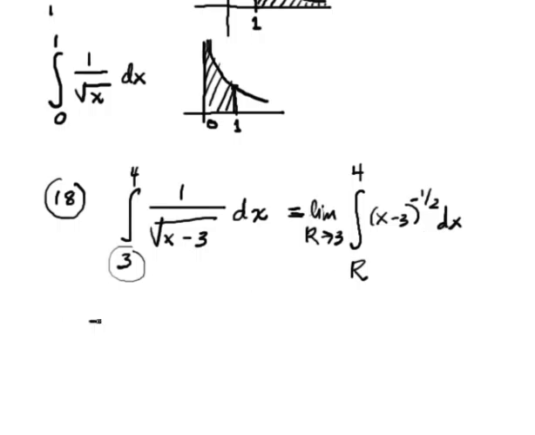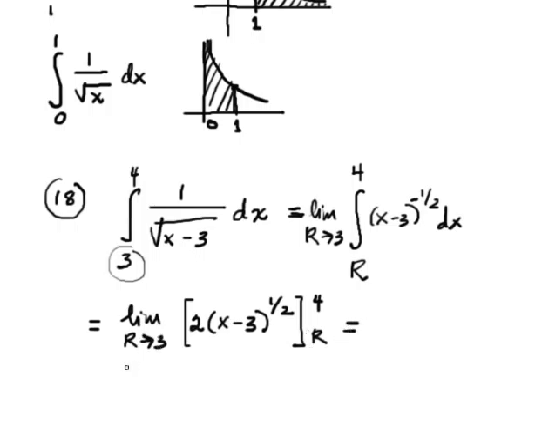All right, so let's integrate this. So this is x minus 3 to the 1/2 divided by 1/2, or times 2. And we're going to evaluate this between r and 4, and we'll take the limit as r goes to 3.